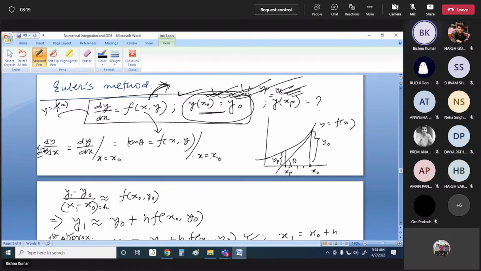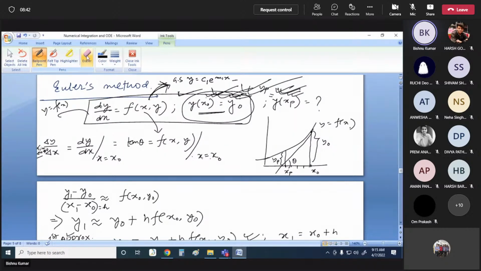So a first order differential equation will contain one arbitrary constant in its general solution. Suppose you are writing the general solution y equals c1 e to the power m1x.